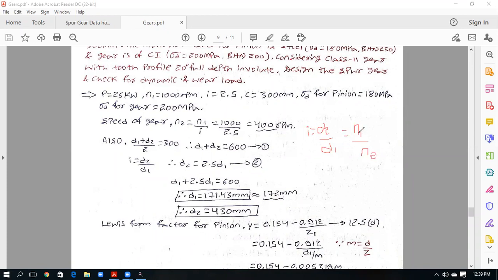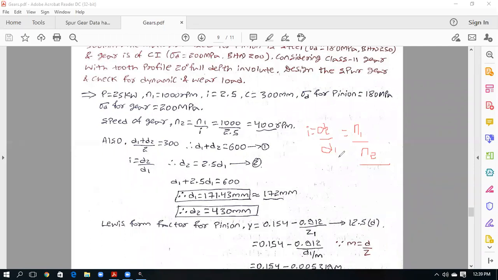Let me first find out n2; n1 is given. From this formula I can find out n2. The speed of the pinion is given, it is 1000. Speed of the gear n2 is equal to n1 by I. Substitute the values, you're going to get the speed of the gear. After that you can find out d1 and d2.